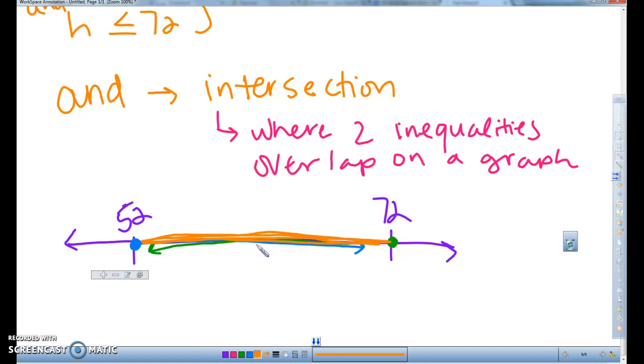So let's go ahead and solve and graph an intersection. We'll do this one together, and then we'll do one on our own. So let's say I have -2 less than or equal to x minus 3 less than 4.